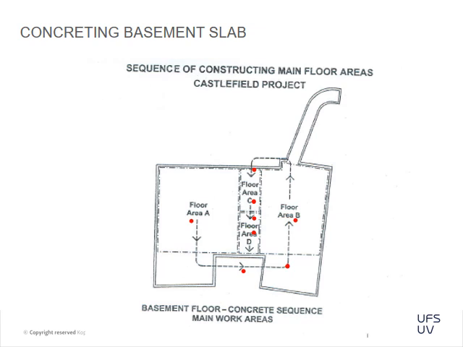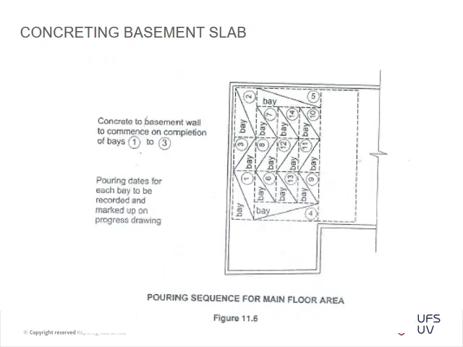I like to do it in tabular form with sketches and drawings because it's just more logical, and you can get much more information within the drawing than trying to explain it on a piece of paper. Then they went into more detail on the actual construction bays. They've got certain blocks that they do their pours in, because you can't pour a continuous block.